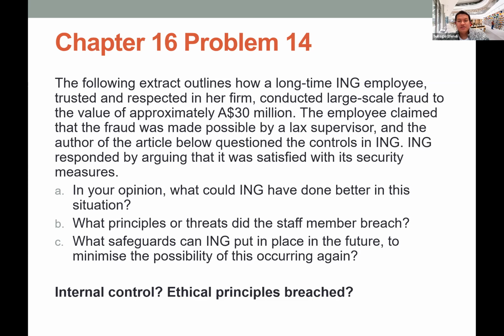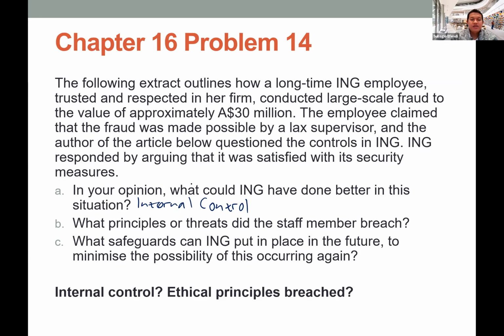Okay, so we have 3 questions. In your opinion, what could ING have done better in this situation? I think the most crucial problem is the company's internal control, which is problematic.